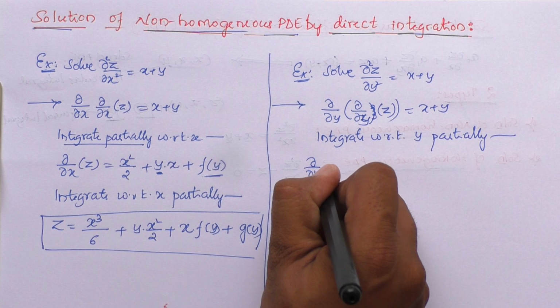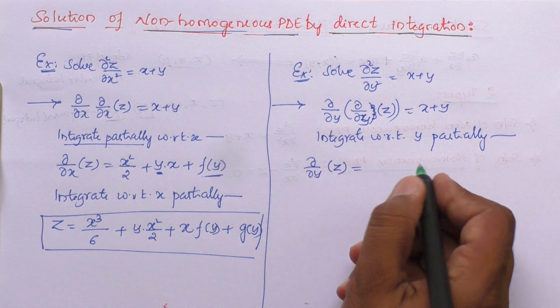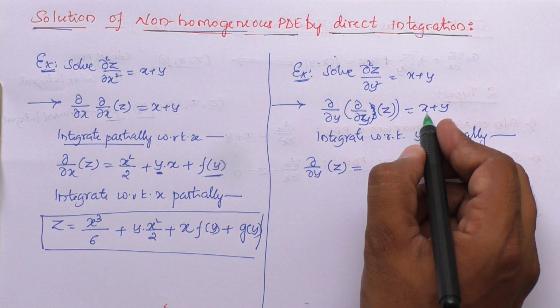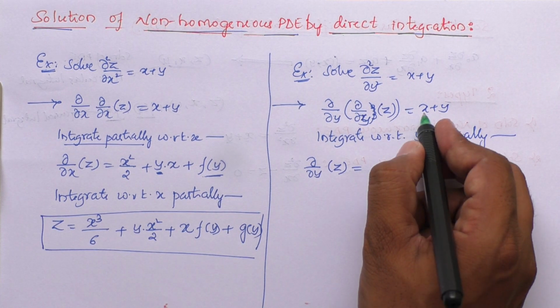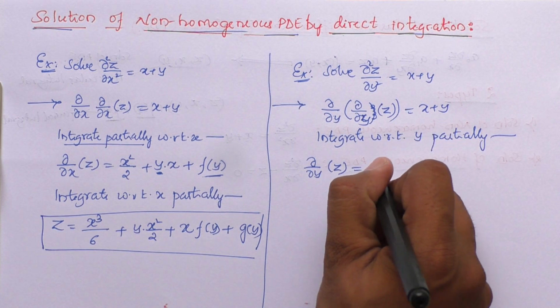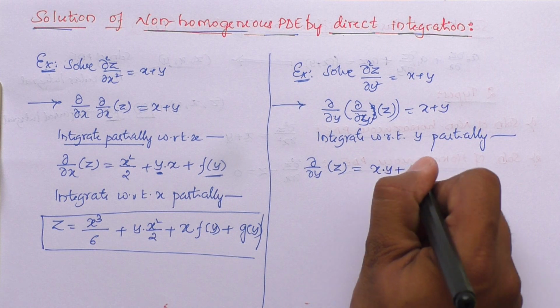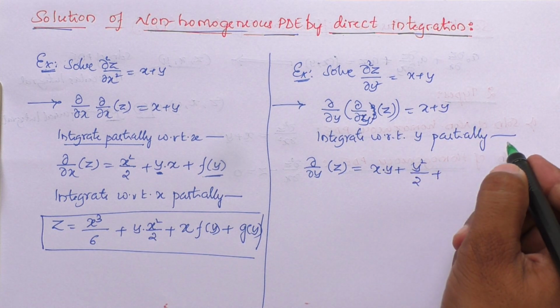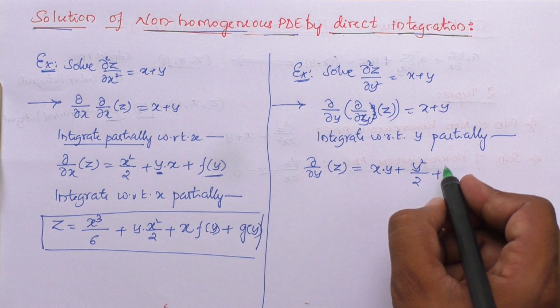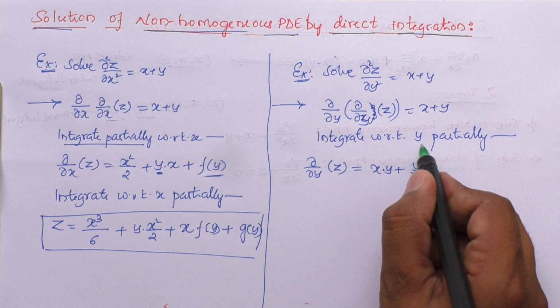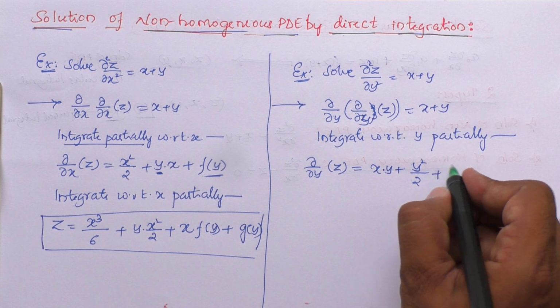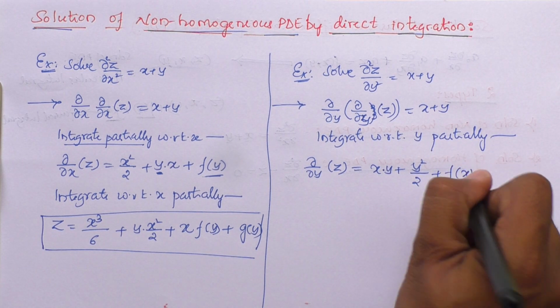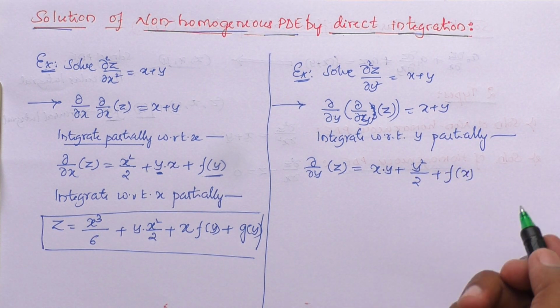So ∂z/∂y we get, that is equal to x. So x, if integrating with respect to y, treat it as constant. So x constant into y plus y integration is y square by 2 plus some arbitrary constant. So that arbitrary constant here is, whenever you are integrating partially, an x term. So f of x, not simply an x term.